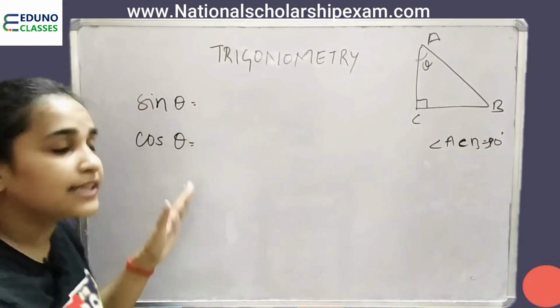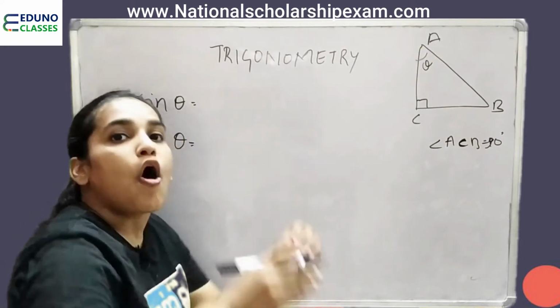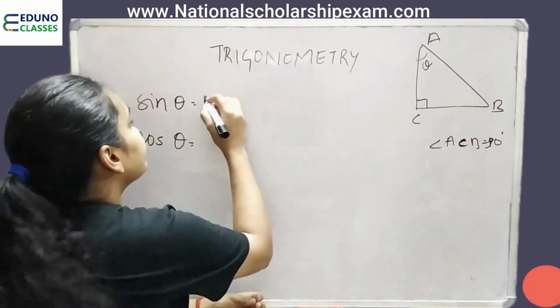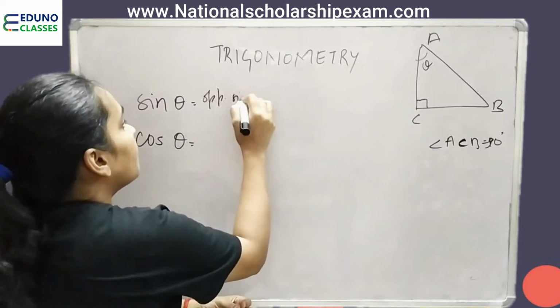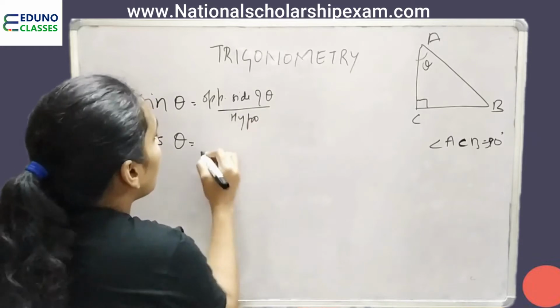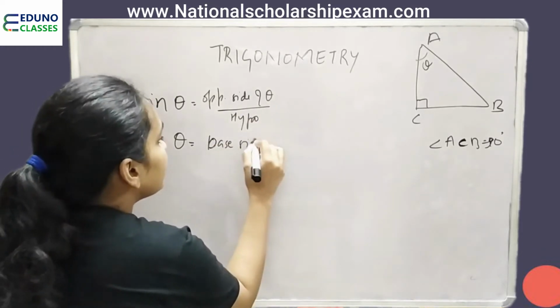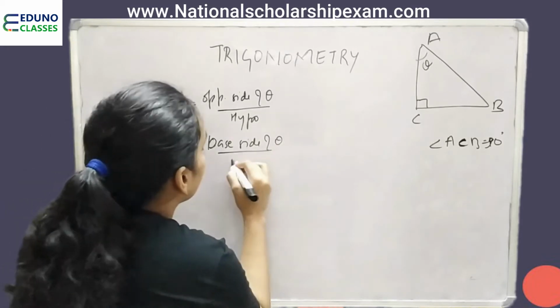So the standard formula for sin theta that I have explained to you is the opposite side of theta upon hypotenuse, and cos theta is the base side of theta upon hypotenuse.